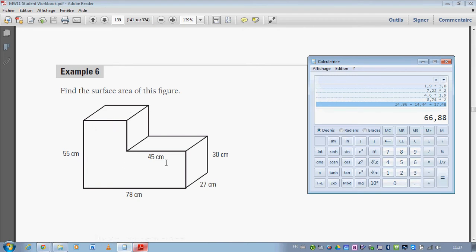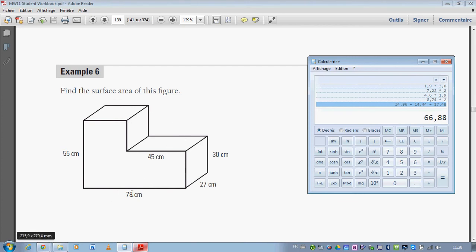How do we start this one? Well, we've got this shape right here, and then this shape right here. This length and this length are both 78 centimeters, and they both have a width of 27.